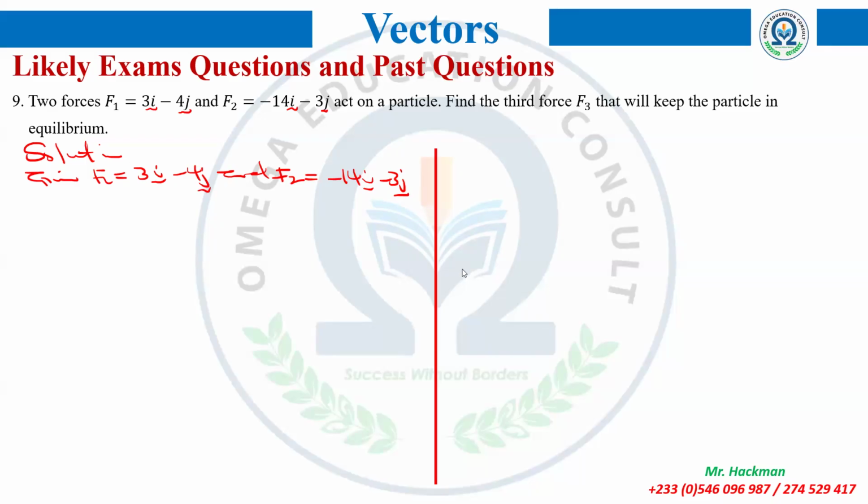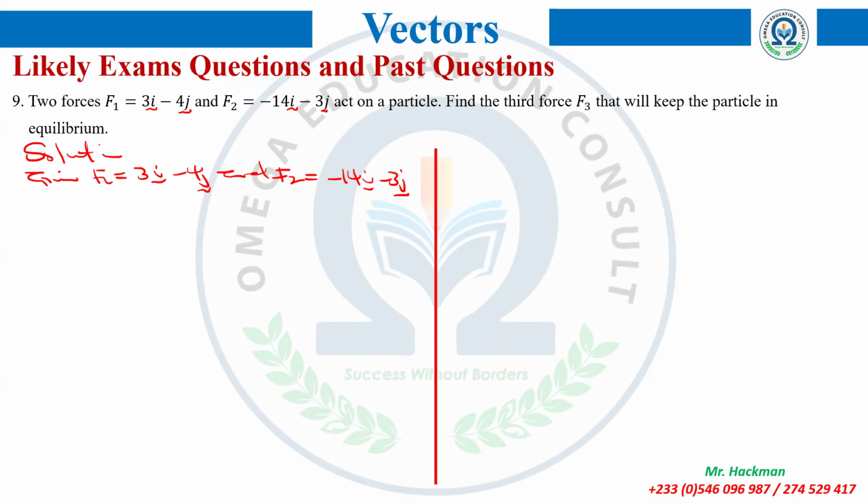Yes, there is no motion. When there is no motion, what exactly does that mean? The forces acting on the body is equal to 0. Yes, so the resultant must give you 0. That's the meaning. The sum of the forces should give you 0.